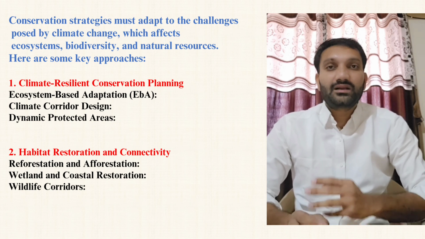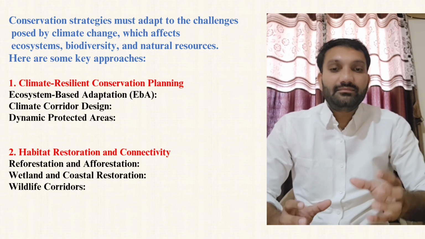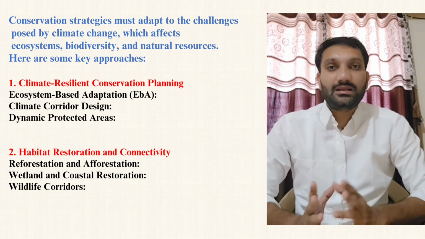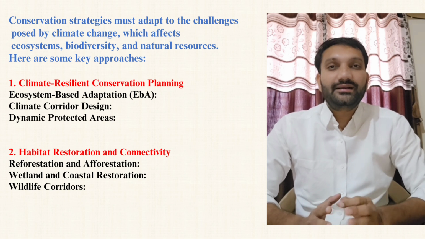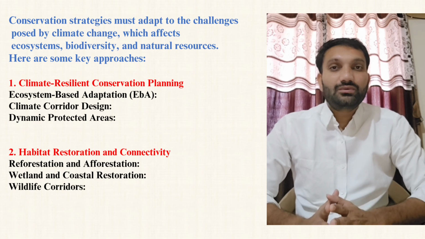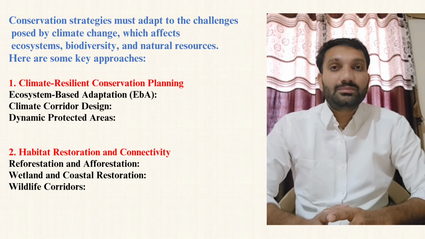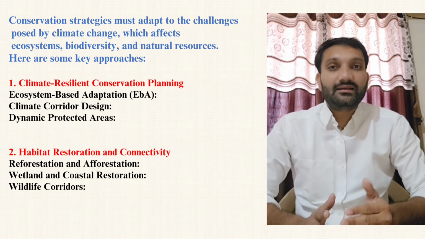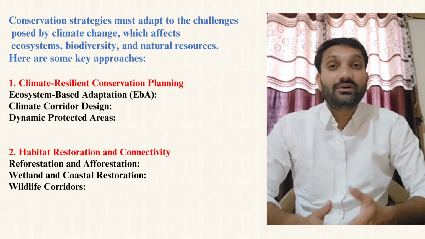This simply means if there are some fragmented habitats, and only a most vulnerable or critically endangered species is present in that fragmented area, then what will happen if some sort of disease, natural disaster, or a higher level of predation occurs? The number of species goes on decreasing, and ultimately the species becomes extinct.